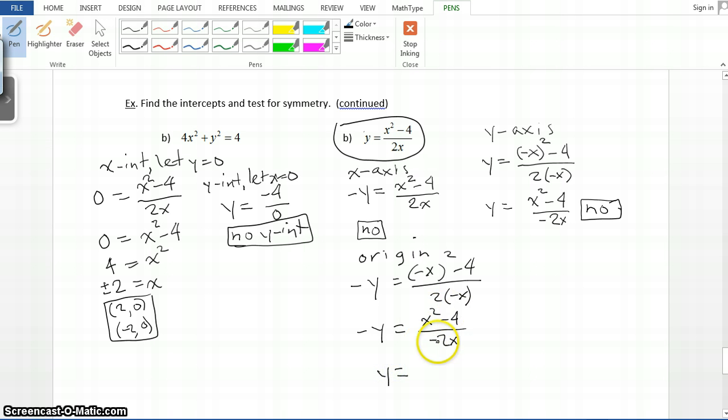If I take the opposite of that side, you either take the opposite of the numerator or the opposite of the denominator. So let's negate that denominator. Good, just like that. Now, if I compare this to my original problem, which is circled up here, that is equivalent. So this has origin symmetry.